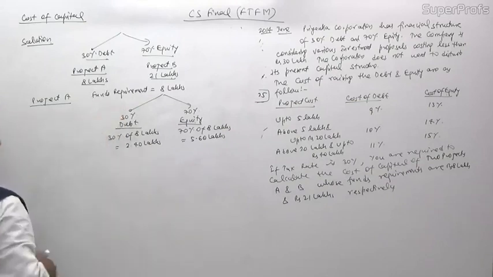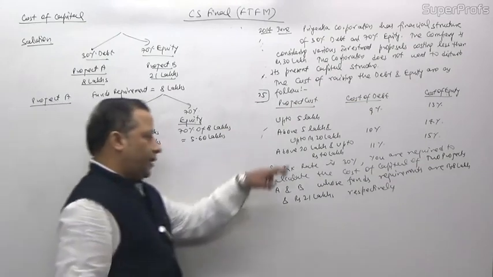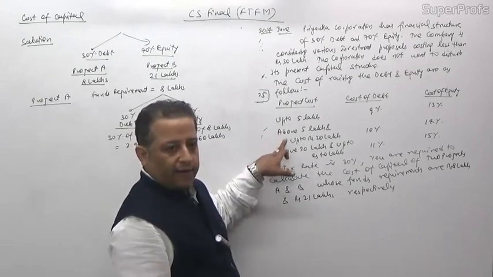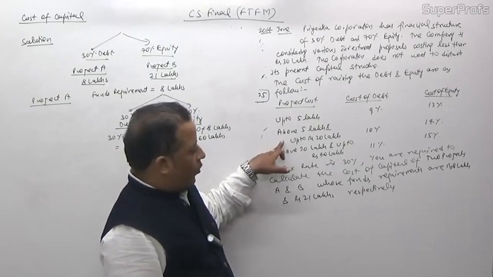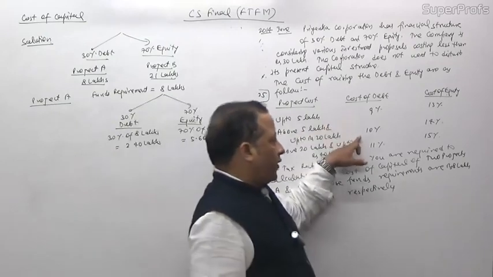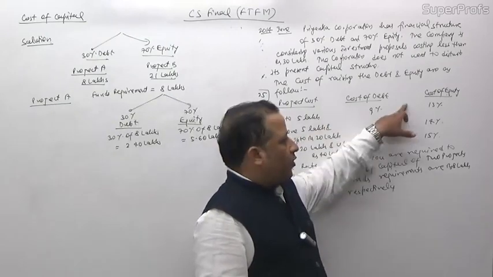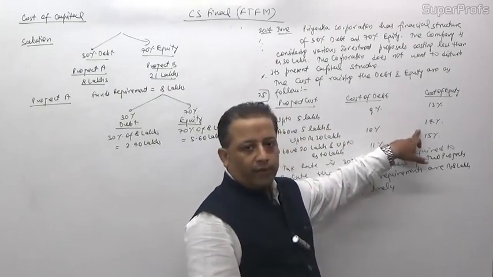If the fund requirement is between 5 and 20 lakh, then the cost of debt would be 10% and the cost of equity would be 14%.